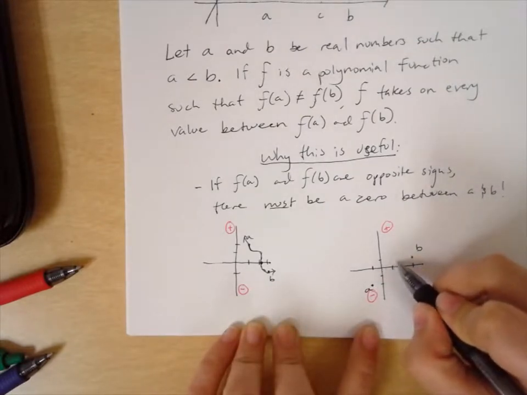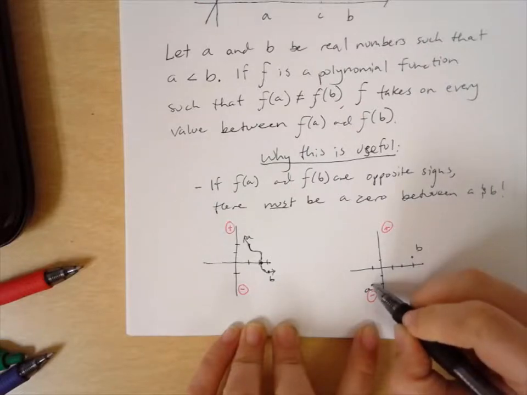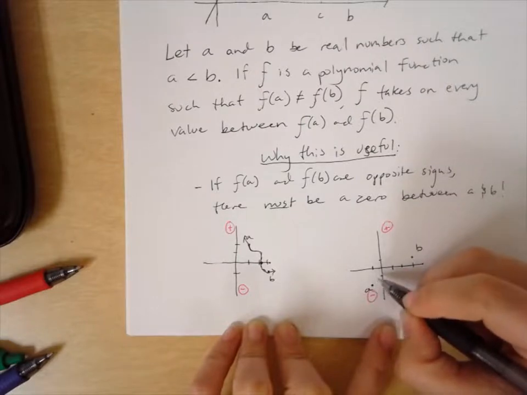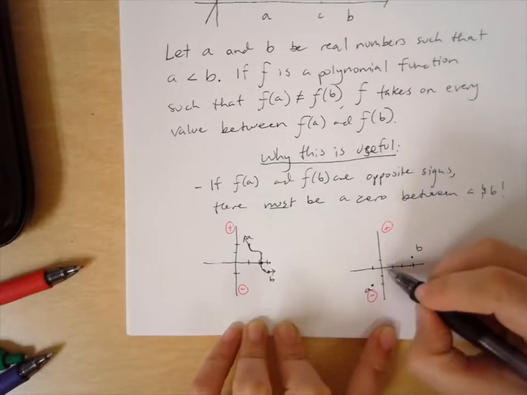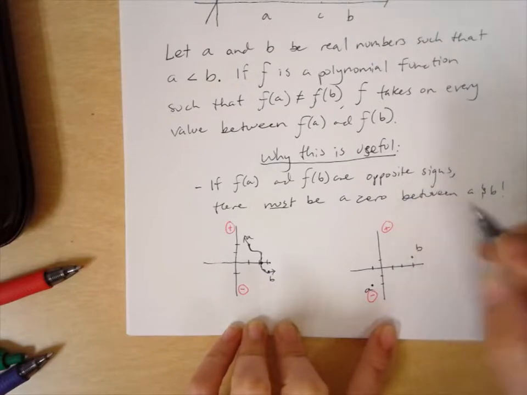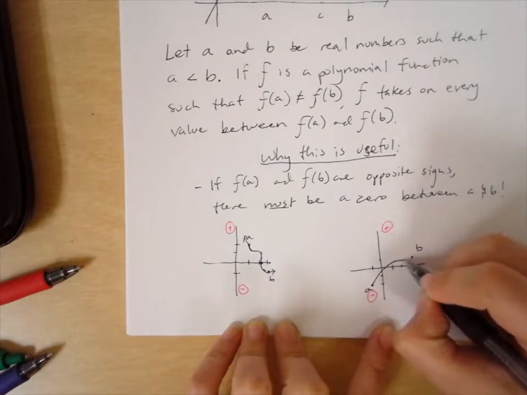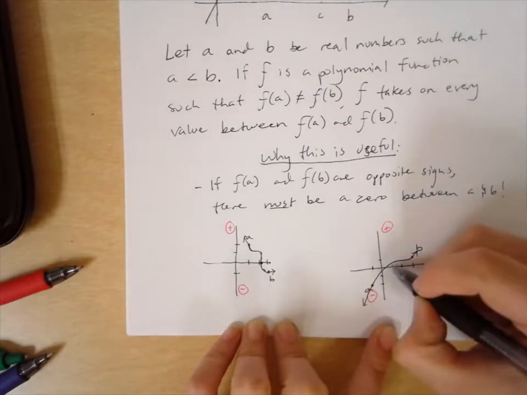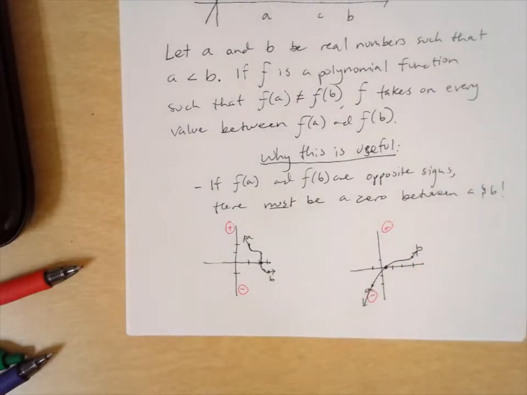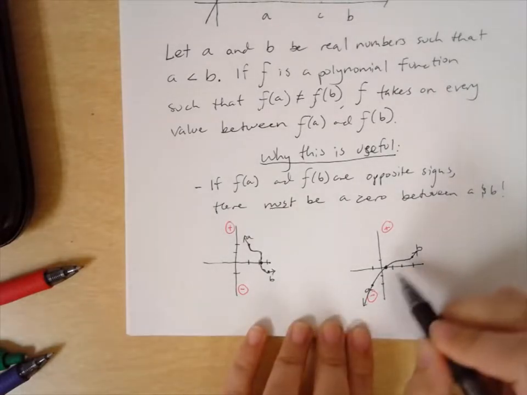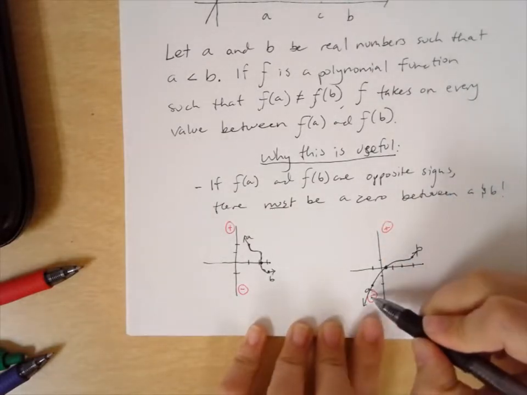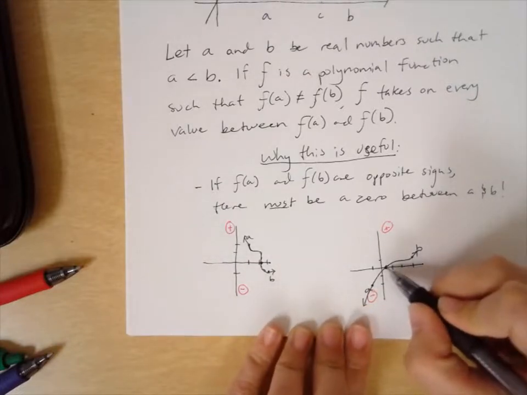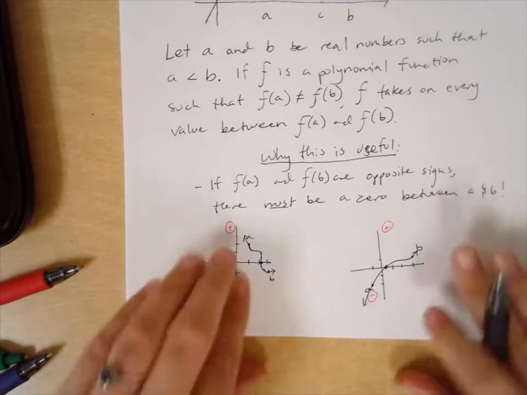I never break, I never jump, I never do anything. There has to be a 0, a point where my graph crosses the x-axis to get from A to B. It could look like that, for example. The point is that from this negative value to this positive value on the y, we would have to cross the x-axis at some point to get there.